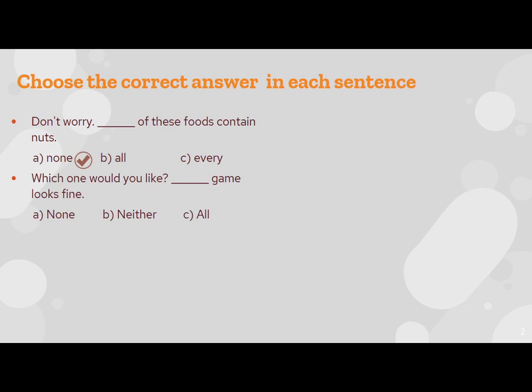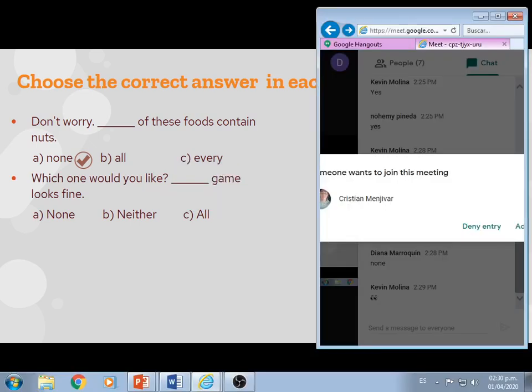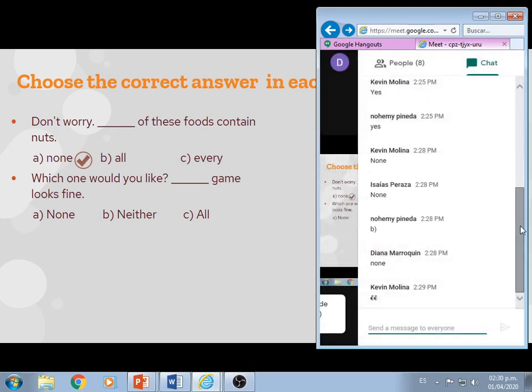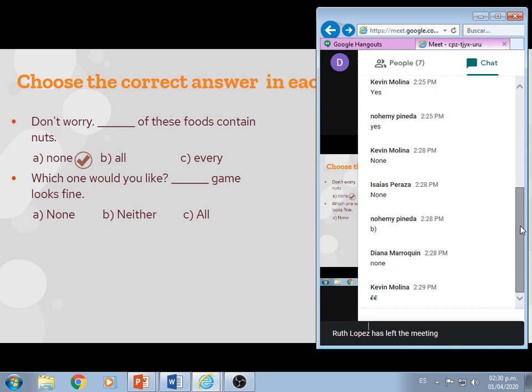Which one would you like? Game looks fine. So what's the answer? None, neither, or all.